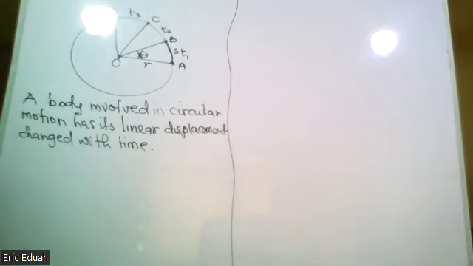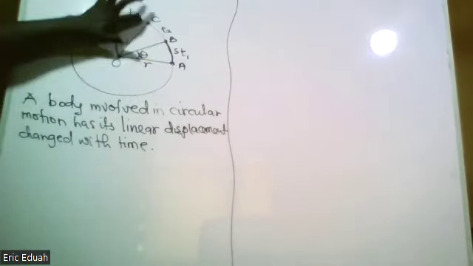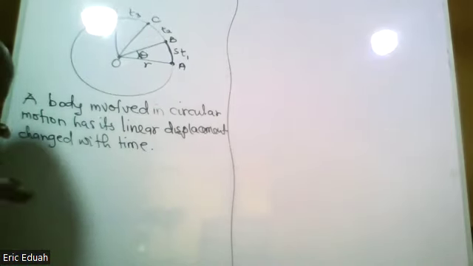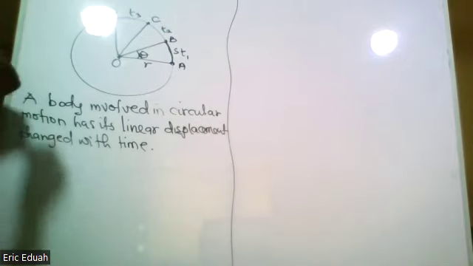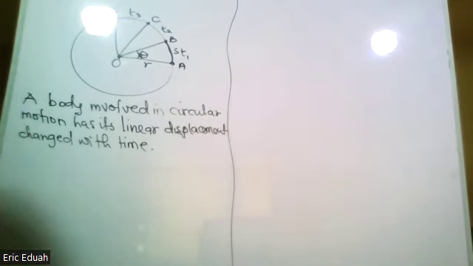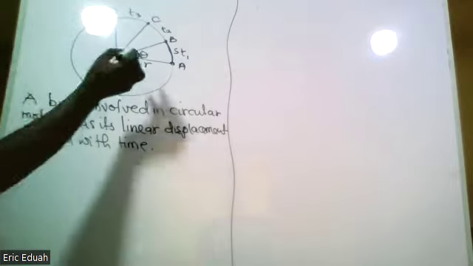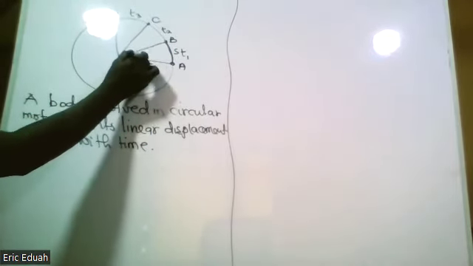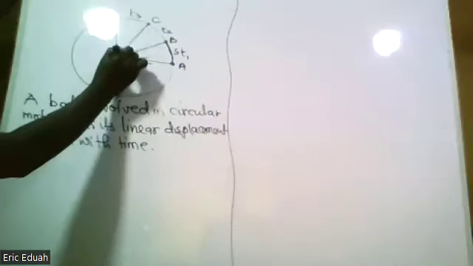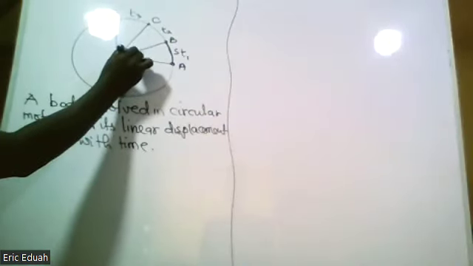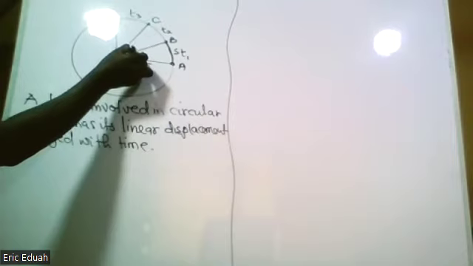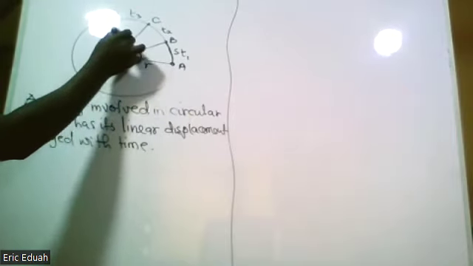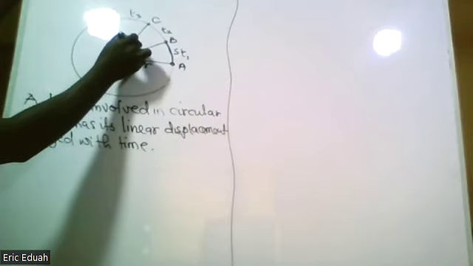So as its linear displacement changes with time, simultaneously, its angular displacement also changes with time. Look at this. From A to B, this is the angular displacement, let's call this theta 1. Now, from A to C, the angle is widening out, theta 2.